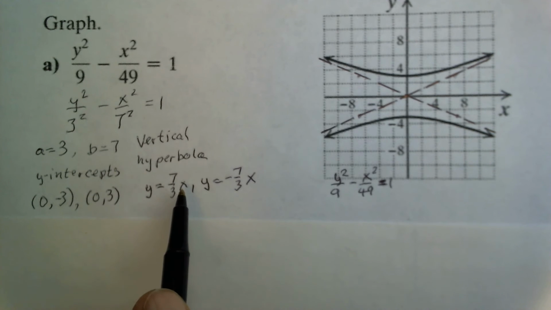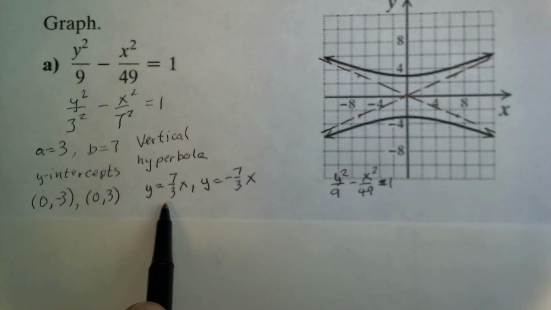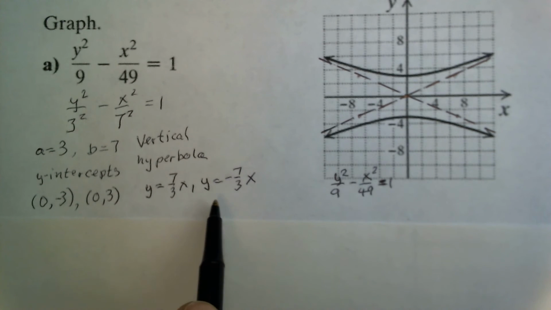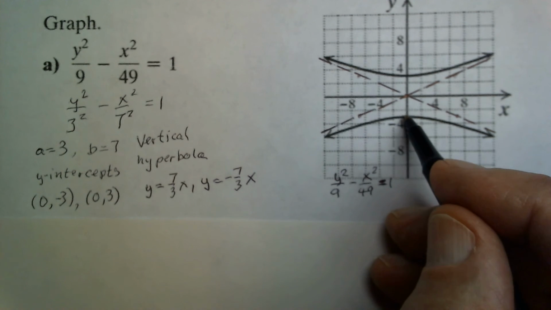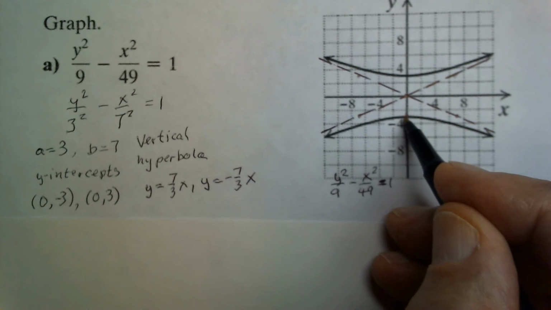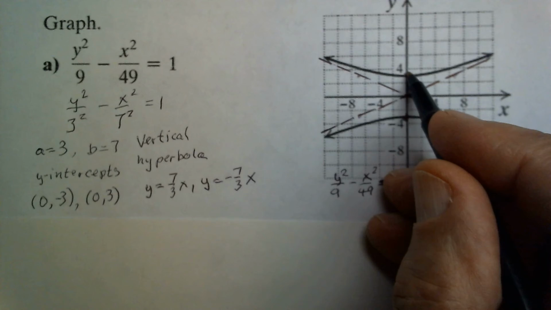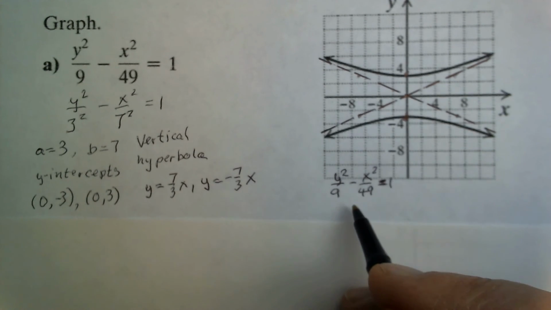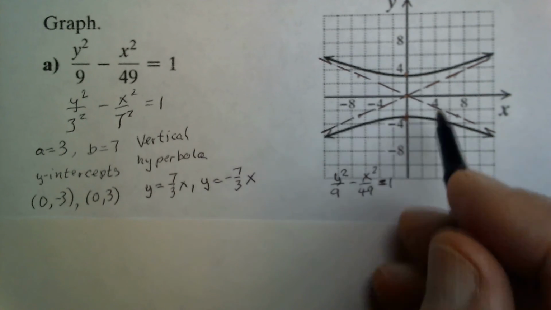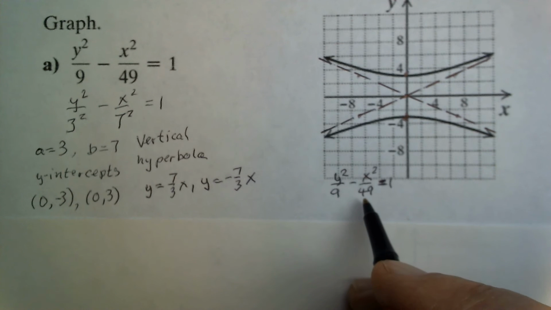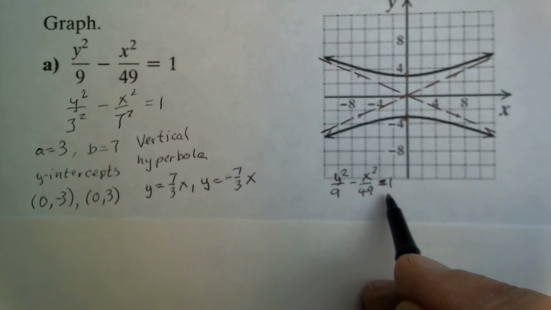It's a vertical hyperbola, and the equations for the asymptotes are y equals 7/3 x and y equals minus 7/3 x. So we graph the y-intercepts and the asymptotes. And here is a graph of the equation y squared divided by 9 minus x squared divided by 49 equals 1.